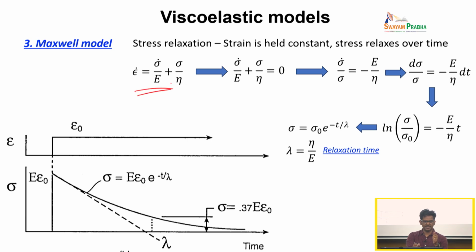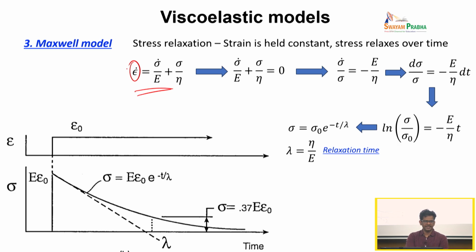Okay. So, we can go back to the Maxwell model that we derived, and then here we can say what happens when we keep the strain constant and look at the response of the stress. So, when strain is constant, this term is 0, the strain rate is 0. Okay. So, then this entire right hand side term is equal to 0. So, we can separate the variables.